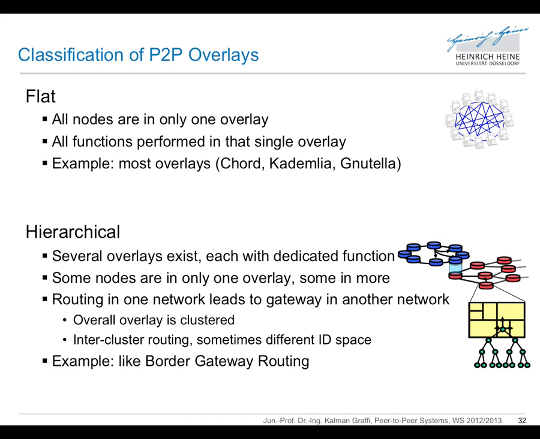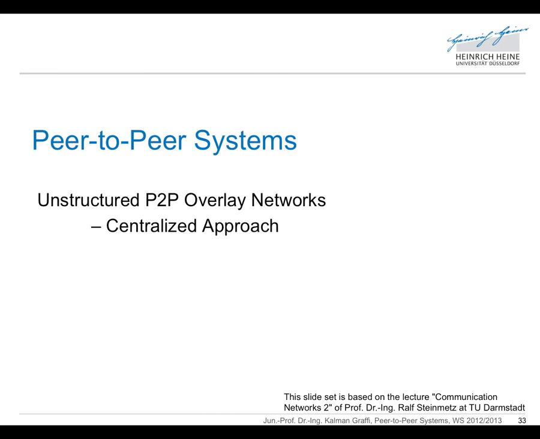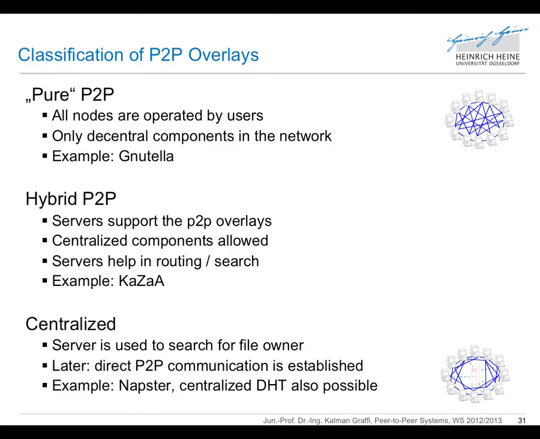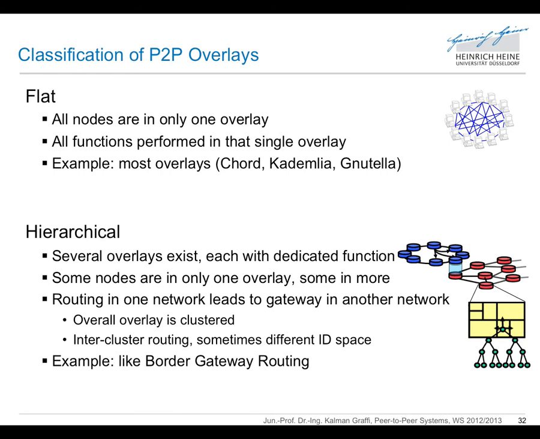Quite complex. Something like this we also have in the peer-to-peer framework, I must say. But we will see when we come to talk about the monitoring. Okay, pure, hybrid, centralized, flat, and hierarchical.